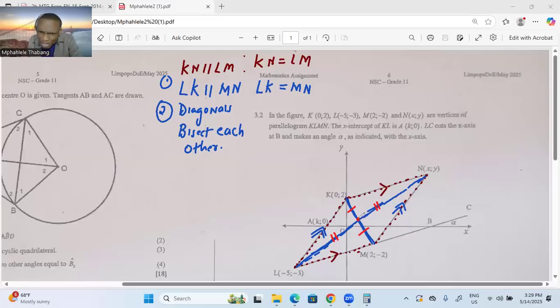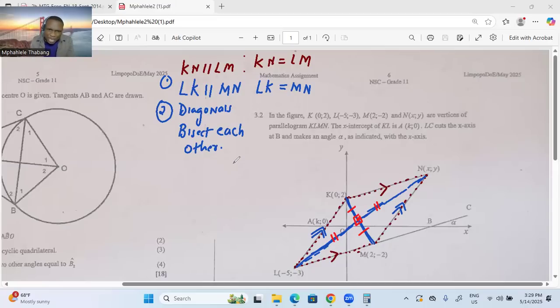Now, there is something that you have to consider about this point here, where they bisect each other. That point is the midpoint of both our diagonals. So the diagonals of a parallelogram have the same midpoint. This comes from the fact that the diagonals bisect each other.